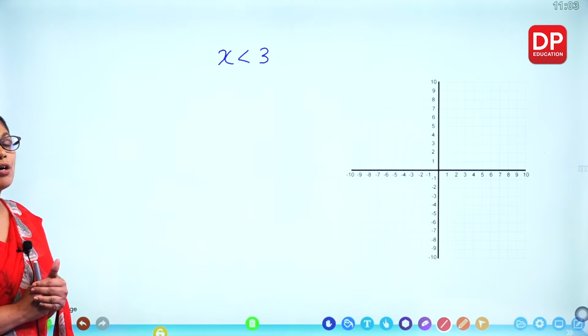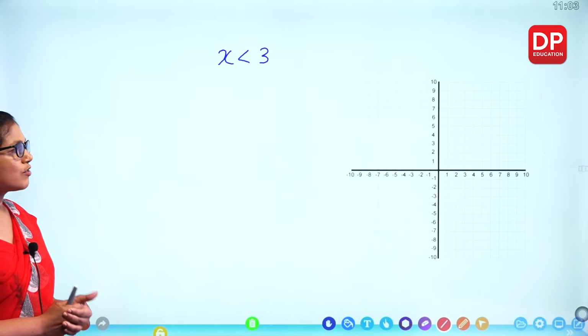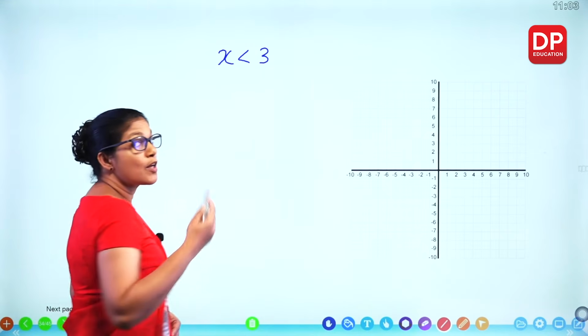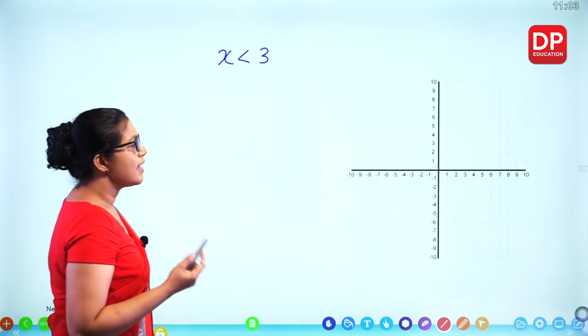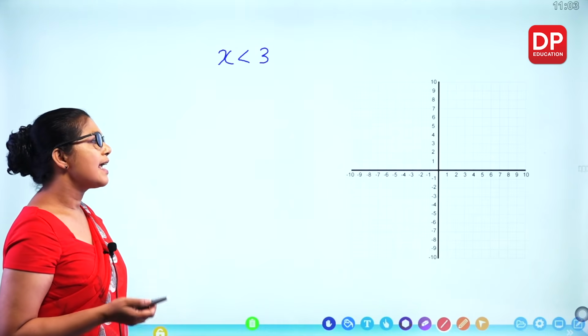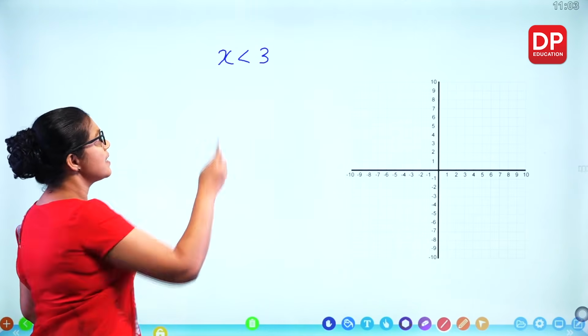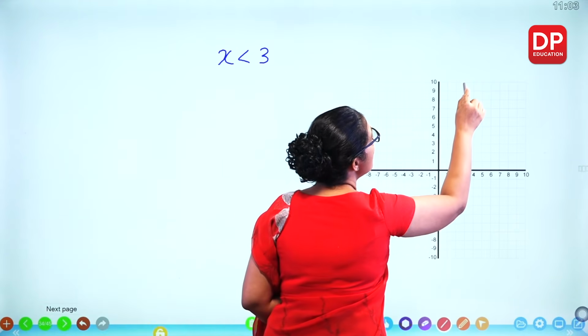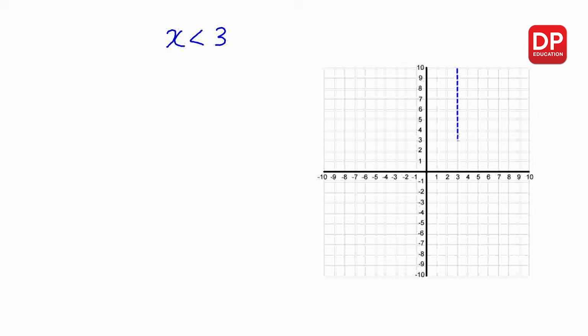This is also a vertical line. So what's the vertical line? x equals 3. So here that means always the x value is 3 and you can take any y value. But this is not included, so that means you have to draw a dashed line along x equals 3.